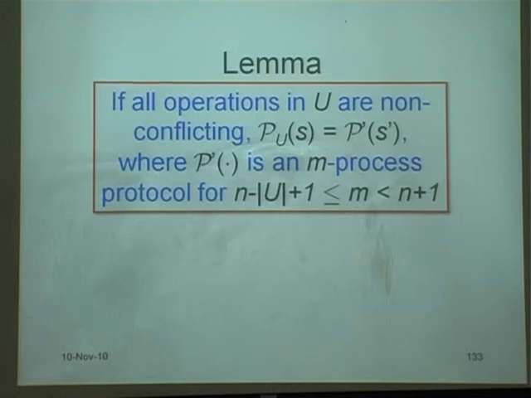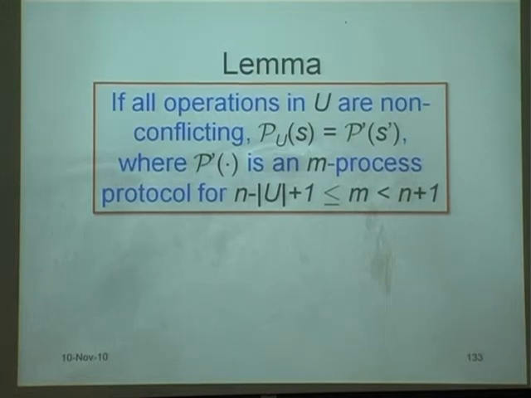So what happens is that this is equivalent to taking some state S prime, some collection of processes that fail where M lies between this number and that number. So it's a smaller number of processes in a smaller set.